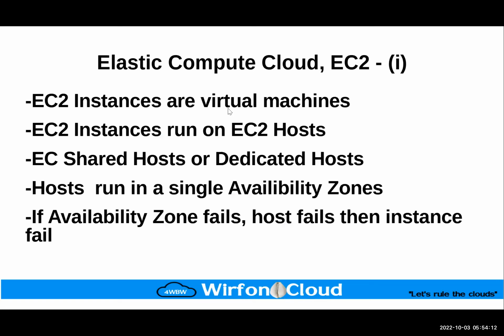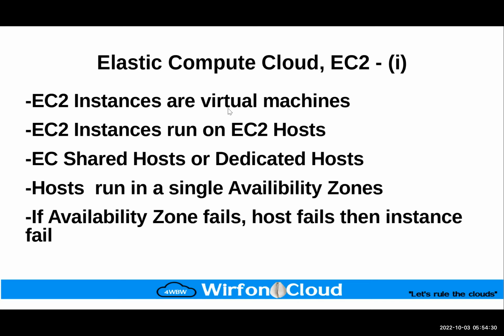Okay, so EC2 instances are virtual machines. They can run on an EC2 host, and the host could be a shared host or a dedicated host, and it runs in a single availability zone.